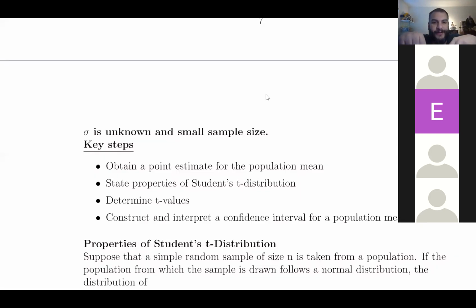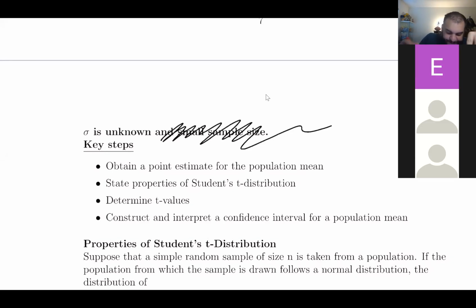All right, everybody should be able to see my notes. If you look right there, it says sigma is unknown. Just ignore this part right here. We're gonna go with sigma is unknown. So for this one, we're going to be doing the T distribution because sigma is unknown.